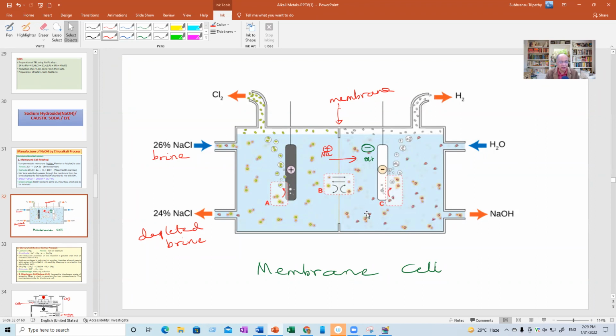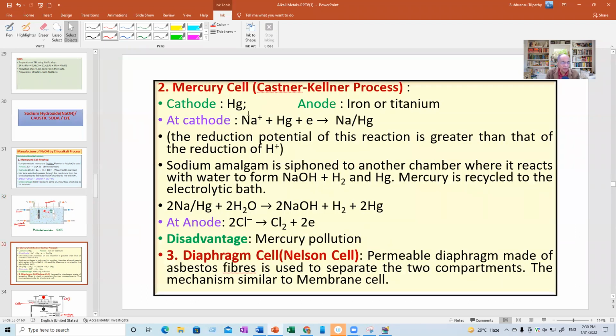So that is the best method, where you use a membrane and brine as the main source, which will provide the equivalent amount of Na plus that will come here, and here it will produce hydrogen. But you see what happens here.